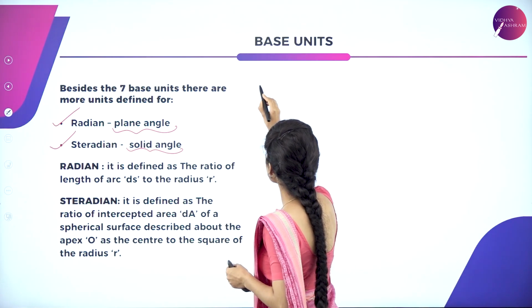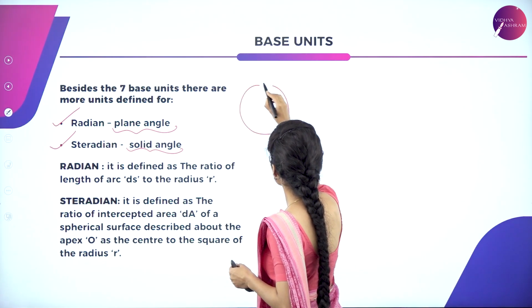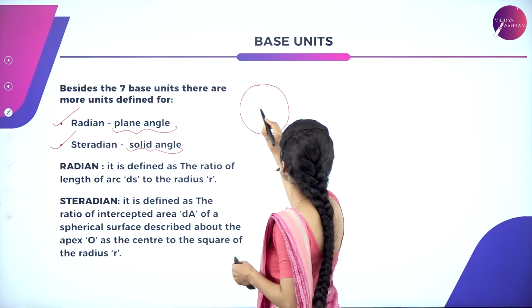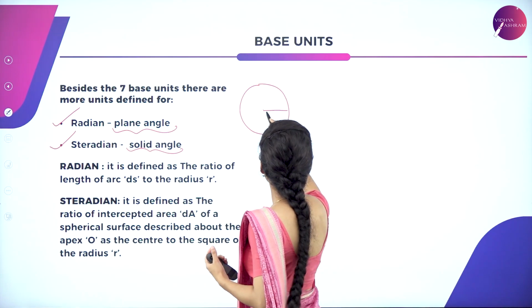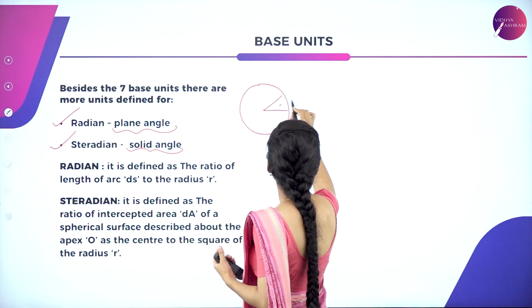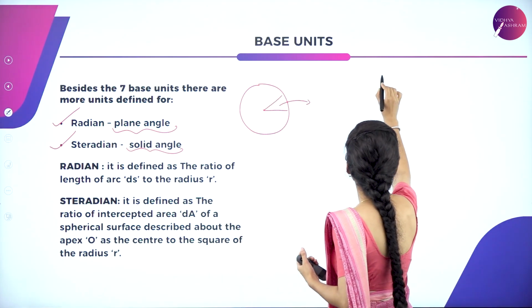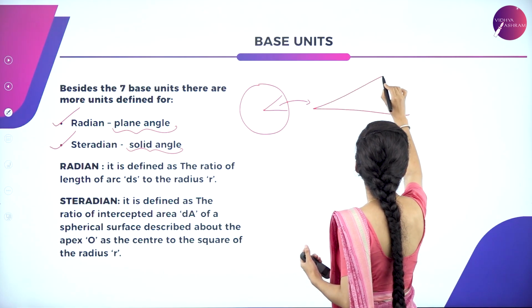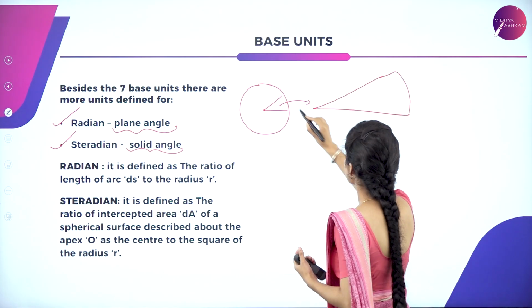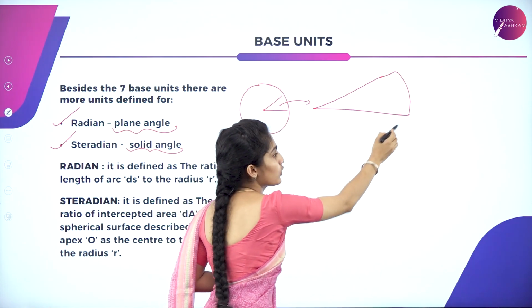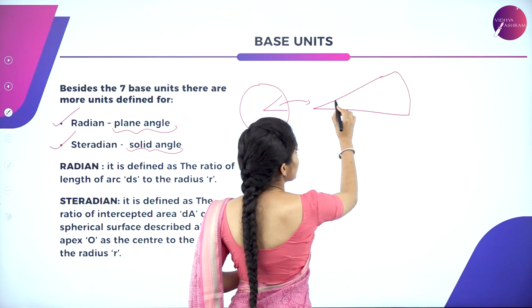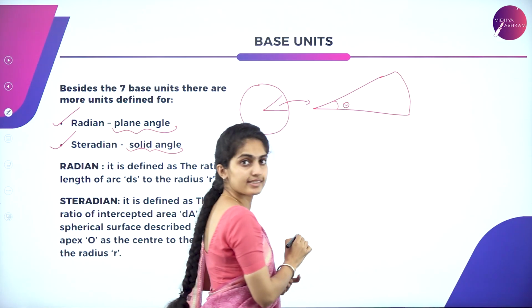So if this is a circle, let us draw a radius. Let us make an angle. So this will be an angle, and here it will be the outer part of the circle, the circumference of the circle, which is continuing over here. This angle is represented as theta.